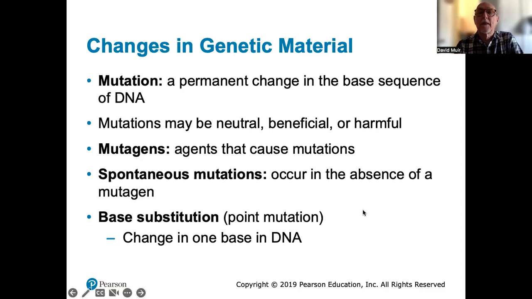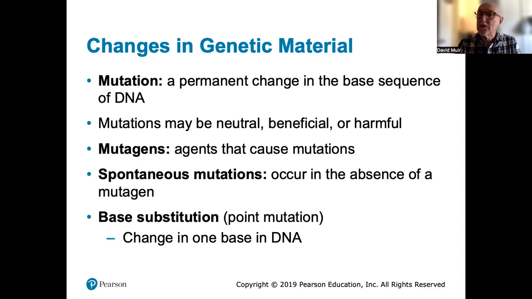So we will mostly discuss what are called base substitutions or point mutations. That is a change in one base in a DNA sequence. Other kinds can arise. Base substitutions are not the only mutation that can take place, but it's the most common.